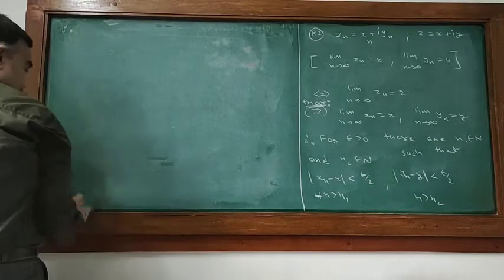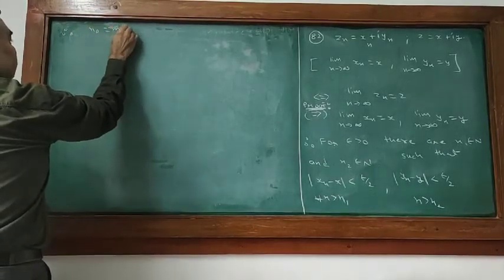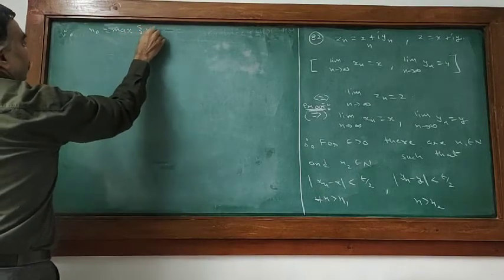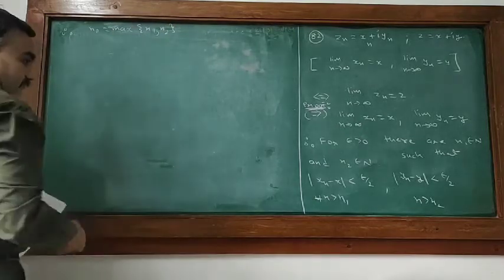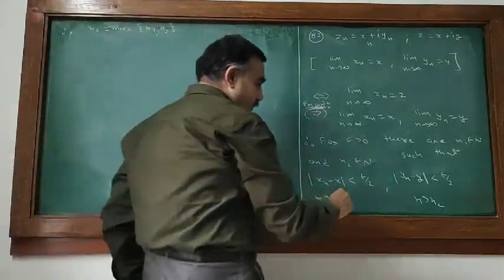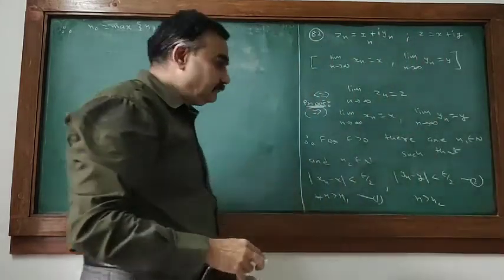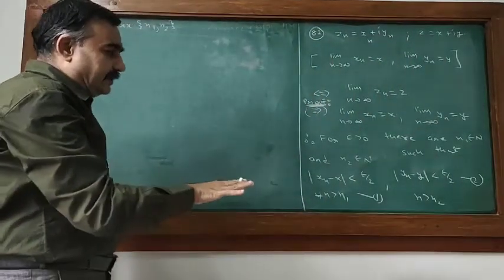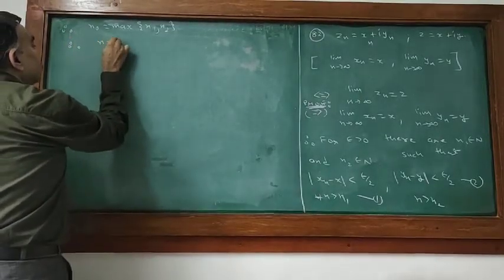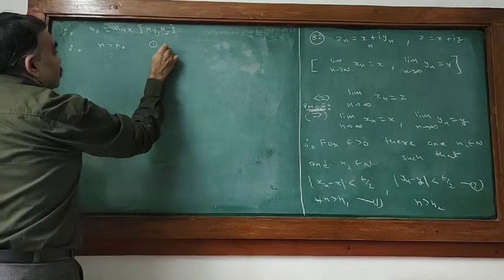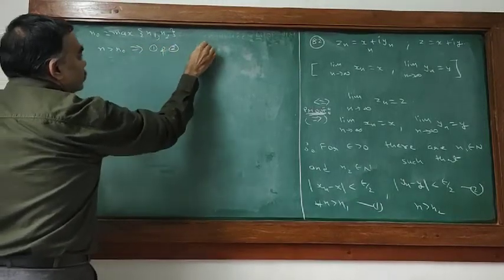Therefore, for that we define n0 equal to the maximum of n1 and n2. So if I say this as 1 and this as 2, then obviously you understand that for n greater than n0 implies 1 and 2 hold.